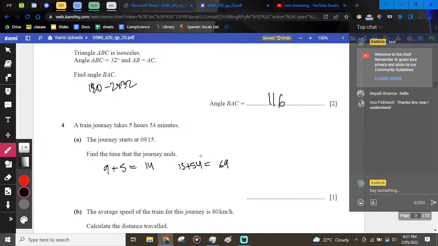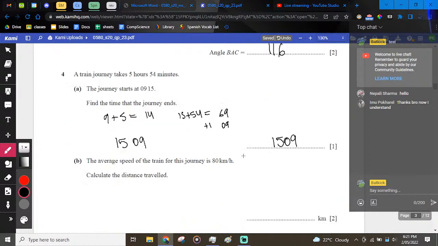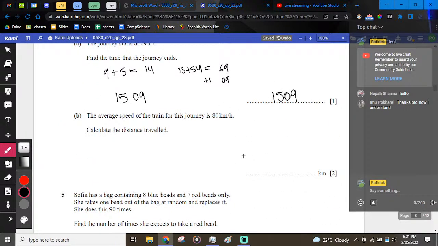And 60 goes off, so it's 09 plus 1 hour. So it's going to be 1509. It's in that form. It doesn't say AM or PM because it's 24-hour time too.